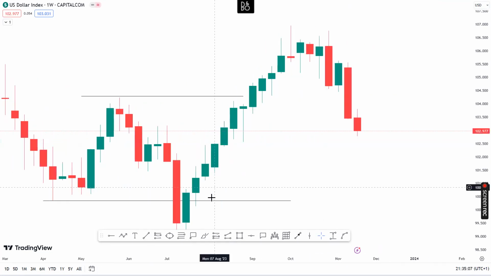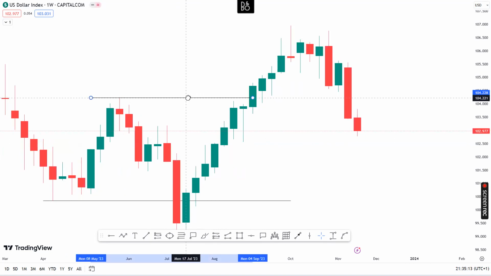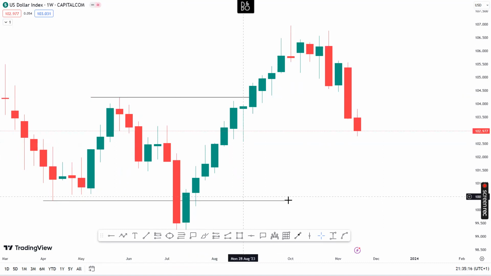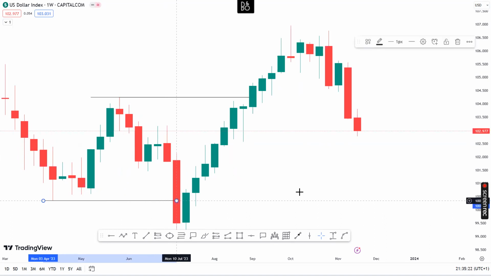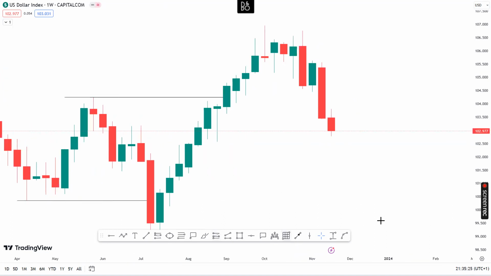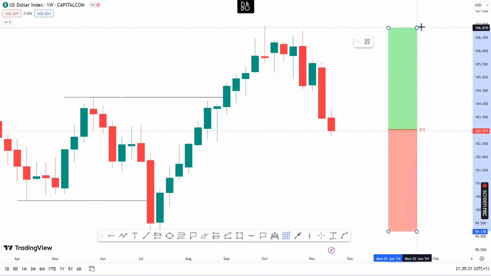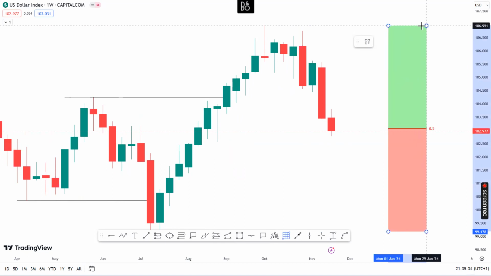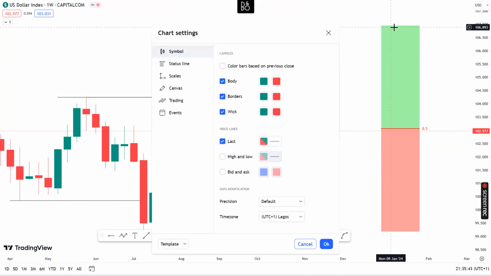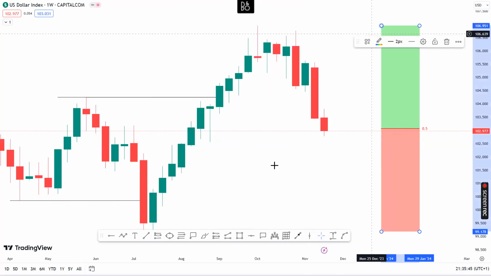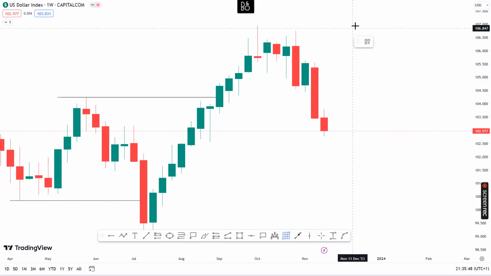Now looking at the weekly, weekly looks very, very interesting because from what I'm seeing here, using our PDRA, you can see clearly that price already broke the 50% of our PDRA.